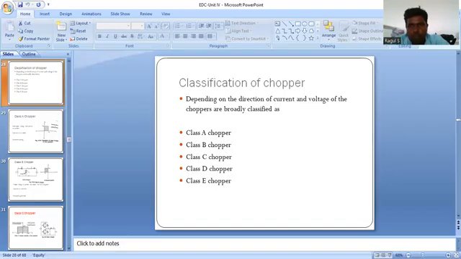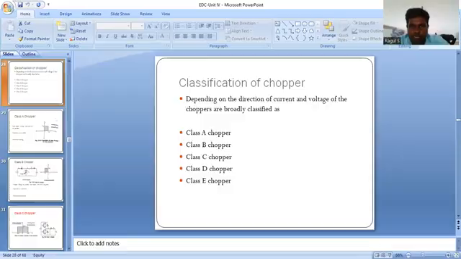For example, when the switch T1 is conducting, the output current is positive, so that is first quadrant operation, which is forward motoring or rectifying operation. Suppose the switch T2 and D1 are conducting, the output current is negative but the output voltage is positive. So it is a two quadrant operation, that is forward regeneration or inverting operation. These two quadrant operations are possible only in the class C chopper.